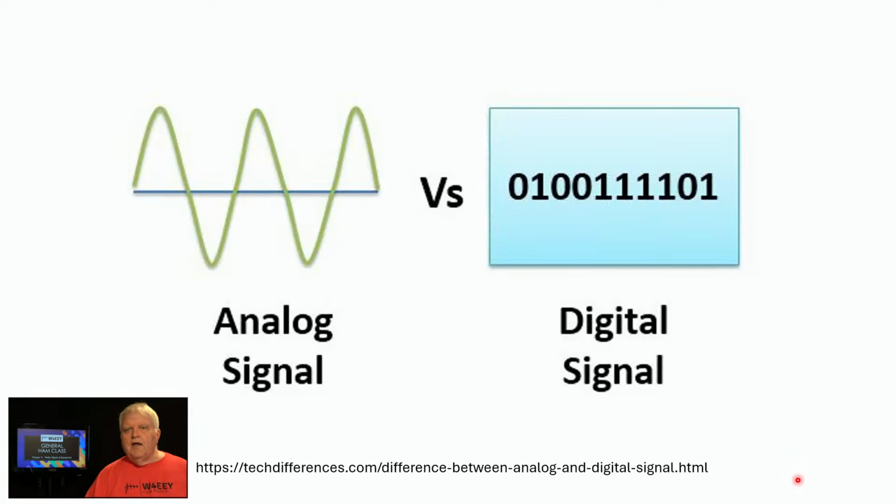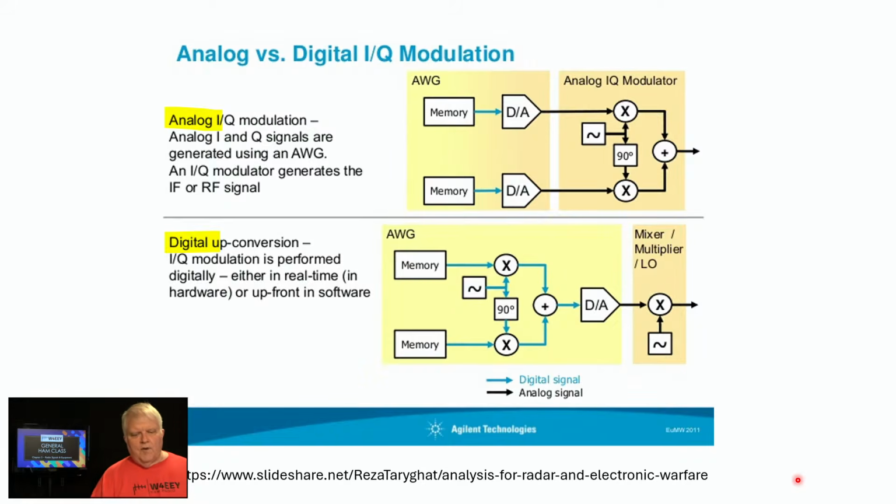But remember, I said it can also be digital. So whereas we might have analog I and Q, as we're looking at up here on top, you could actually have digital to analog converters involved and convert them together, or you can convert them independently and combine them digitally.